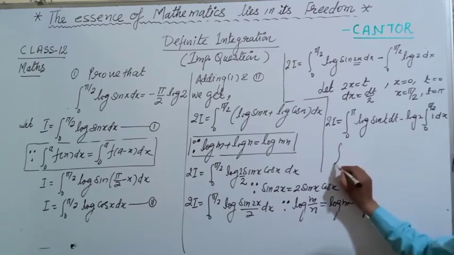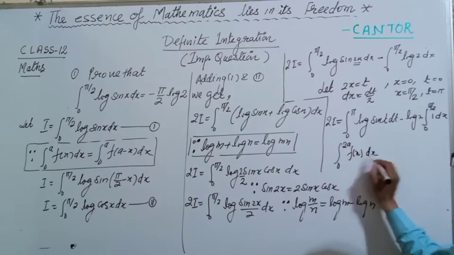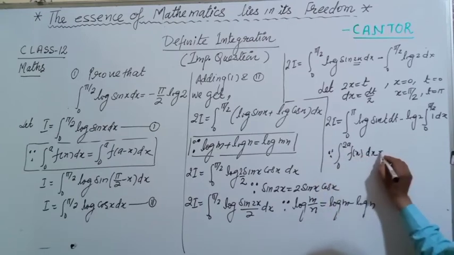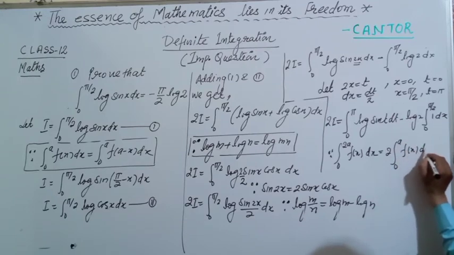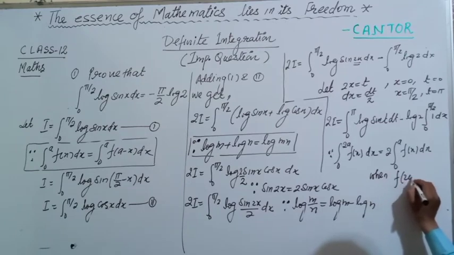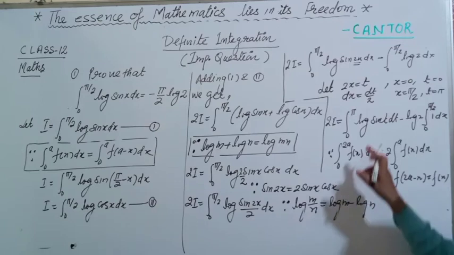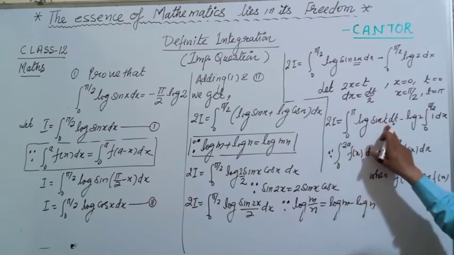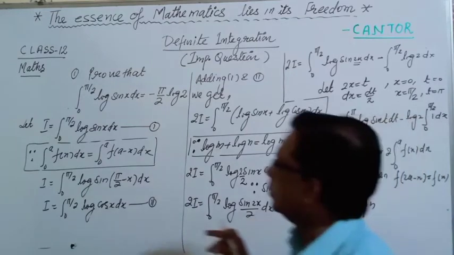The 0 to 2a property is 2 times the integral from 0 to a of f(x) dx when f(2a minus x) is equal to f(x). Because here we put pi minus t, and sin 180 minus theta is sin theta, so this property is used here. Now let's see here.